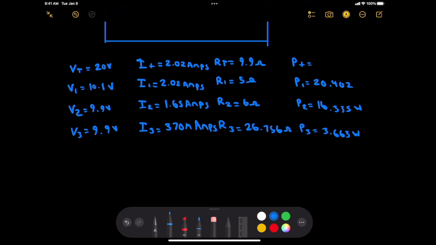And now let's just add them up. 20.402 plus 16.335 plus 3.663 equals 40.4 watts. Now let's just double check. If you take 20 volts times 2.02 amps, it equals 40.4 watts. And that's going to be my predicted answer.